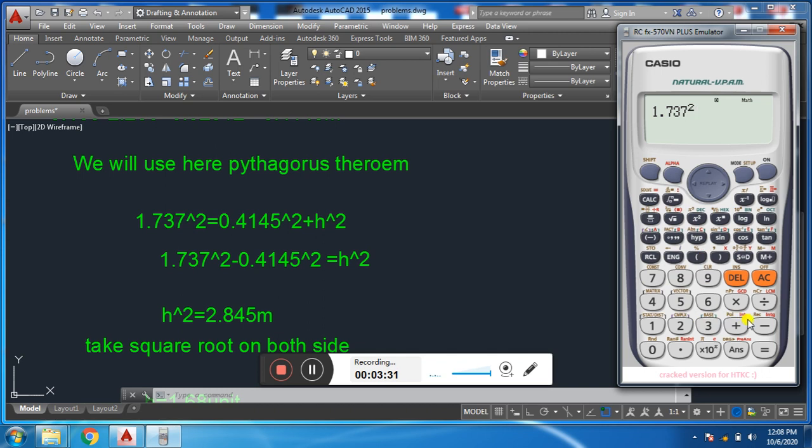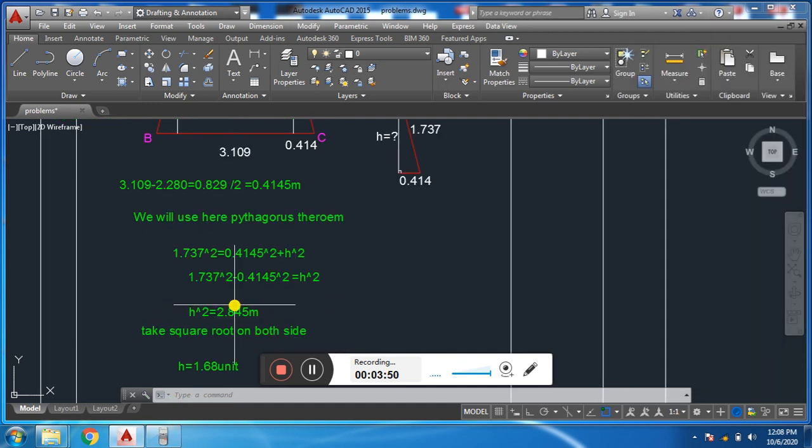1.737 square minus 0.4145 square. We will get 2.845 for h square, but we have to find h, not h square. We will take the square root on both sides.